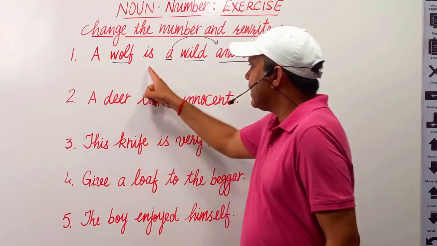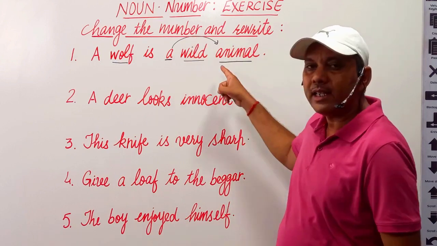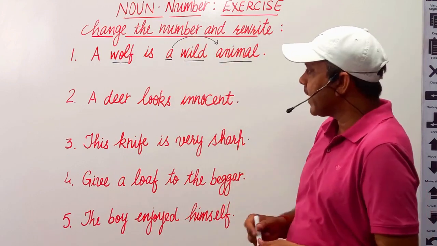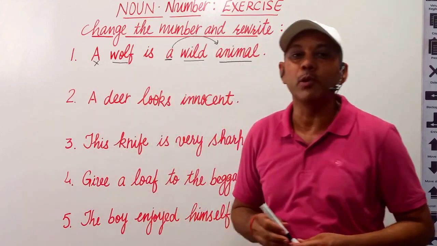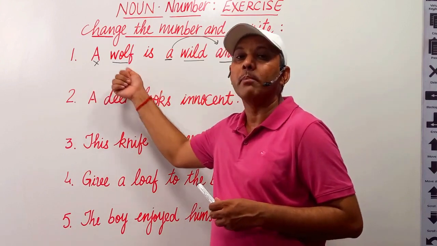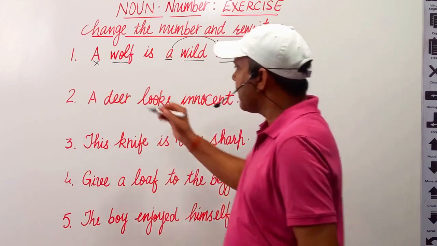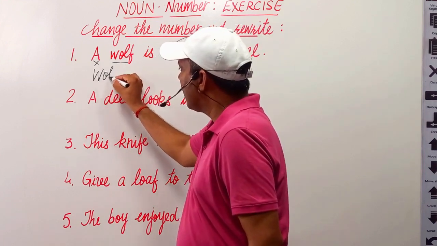A wolf is a wild animal. Change the number and rewrite the sentence. We have to remove this a to make it plural, because a will not remain before a plural noun. In the same way, we can write wolves.